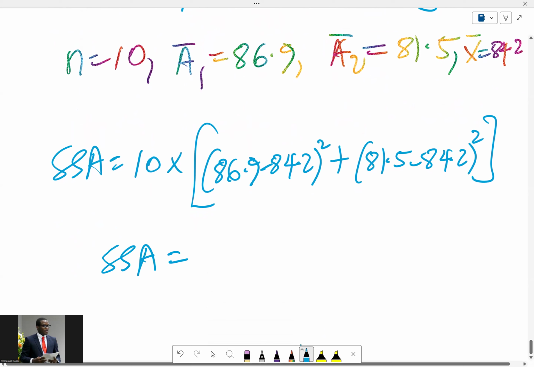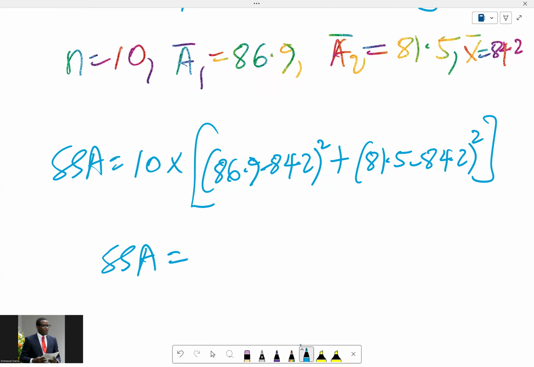Let's go for that: 10 times (86.9 minus 84.2) all squared plus (81.5 minus 84.2) all squared.